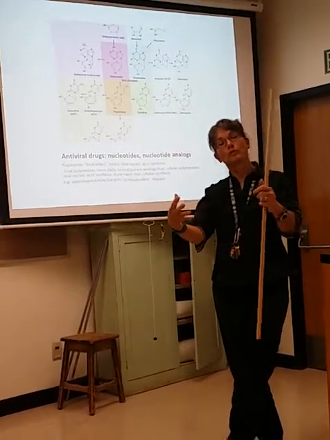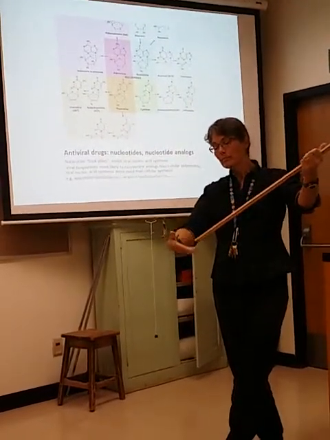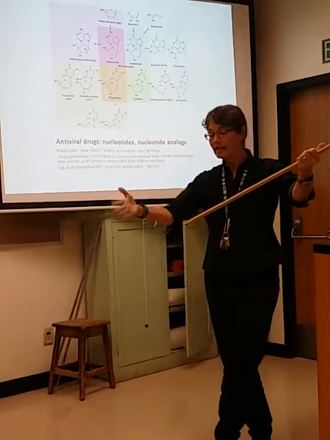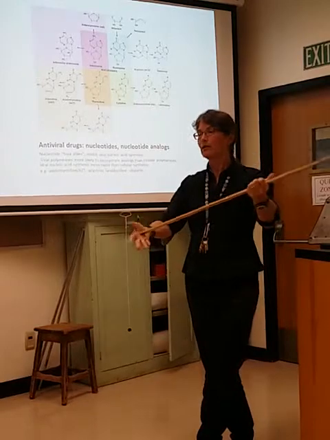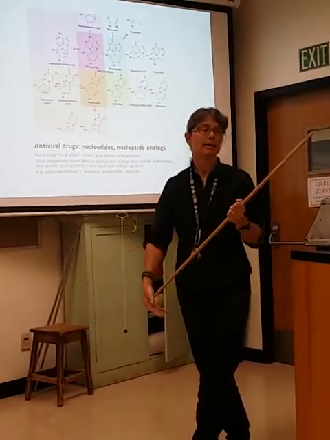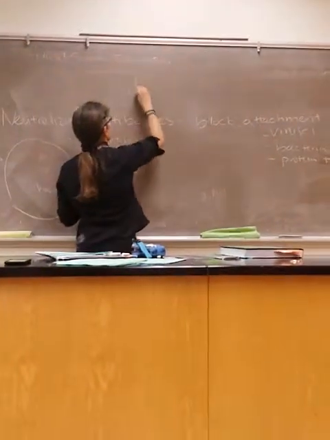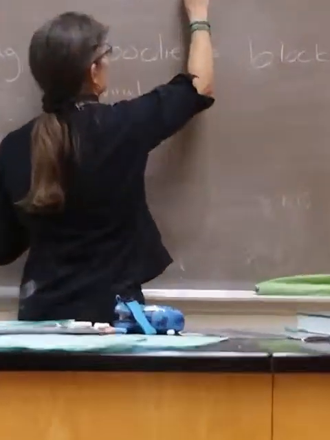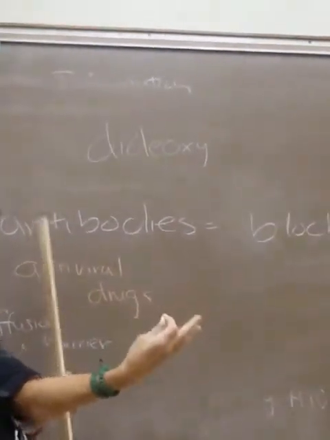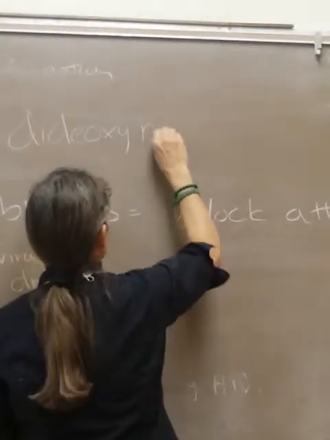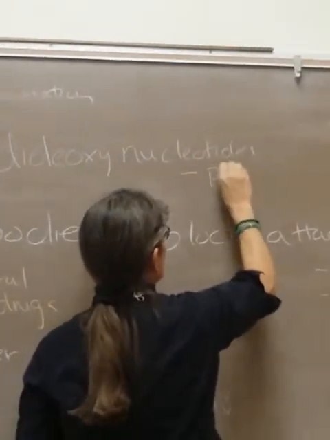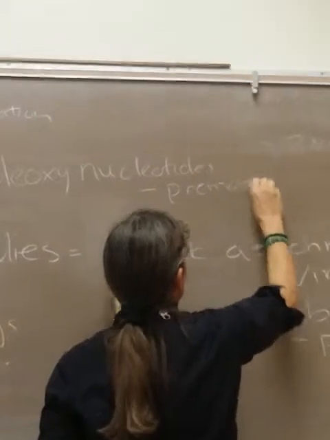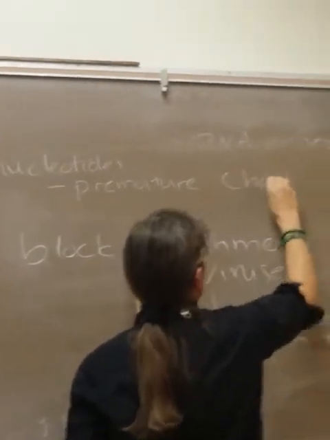So when it gets incorporated into the end of a growing strand of nucleic acid, it stops the synthesis there because you can't add any more nucleotides. So they call that premature chain termination. And those special analogs are called dideoxy, for two oxygens missing, dideoxy nucleotides. So those can be used to cause premature, or early, chain termination.